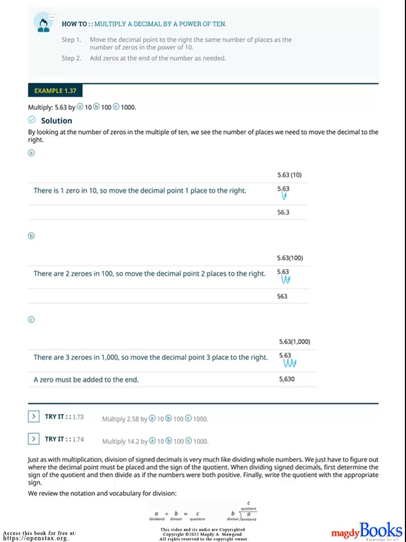There are 3 zeros in 1000, so move the decimal point 3 places to the right. A zero must be added to the end. 5630.